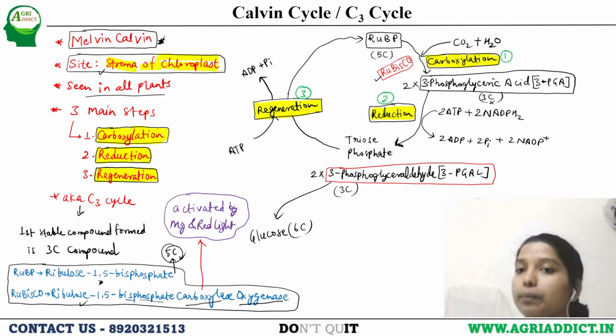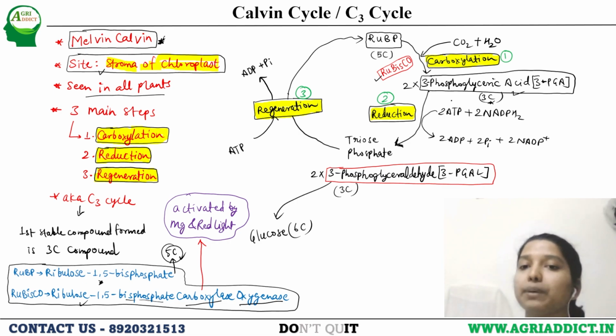It is a 3-carbon compound. Because the first stable compound which we are getting is a 3-carbon compound, we are calling Calvin cycle the C3 cycle. This is the first process, carboxylation.